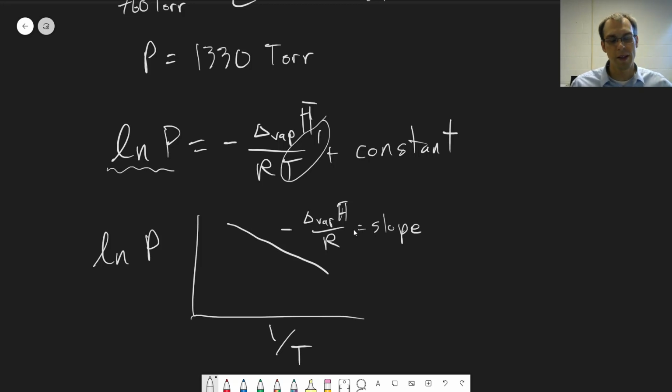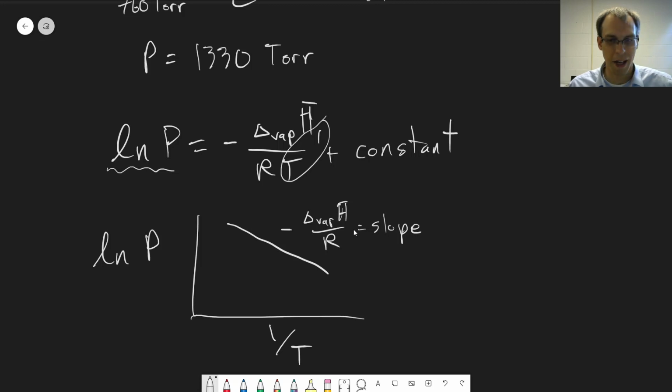And if you measure the vapor pressure as a function of temperature, you can use this analysis to get a value for the enthalpy of vaporization. So this is one way of measuring enthalpy of vaporization. And if you do see deviations from linearity here, that would be an indication that your assumption about delta H vaporization being constant is not good.